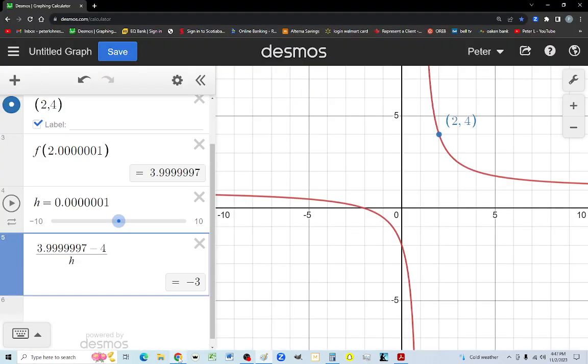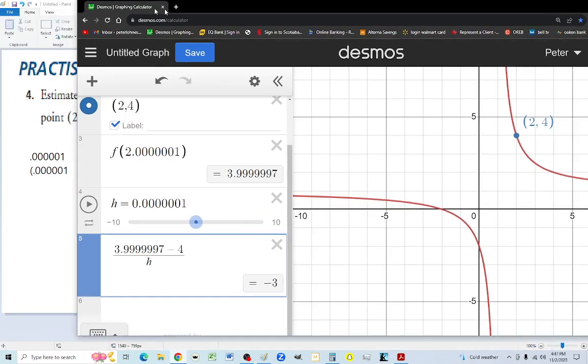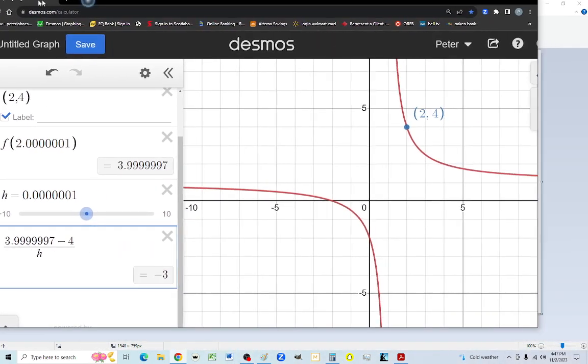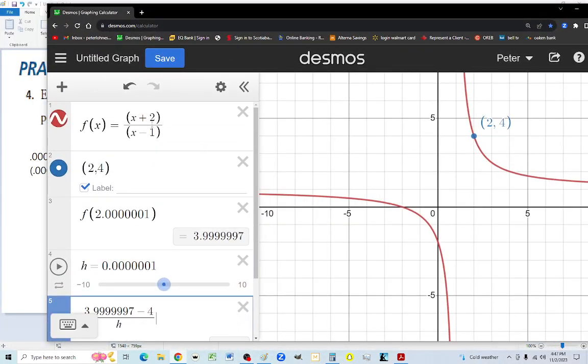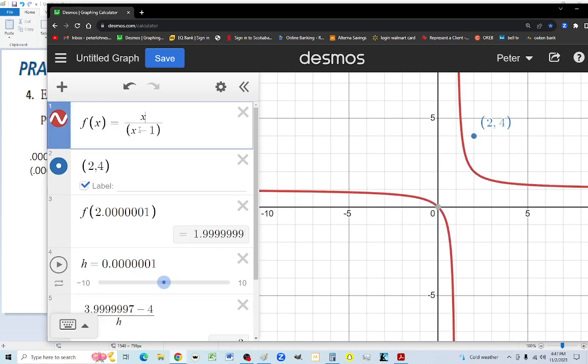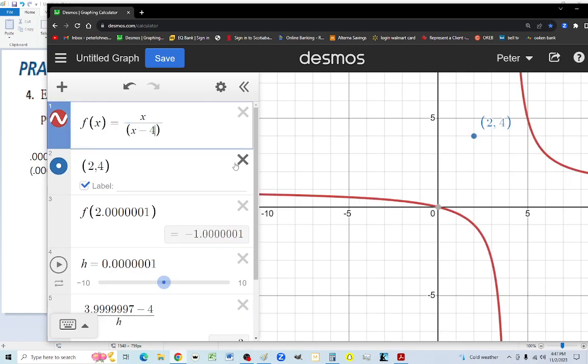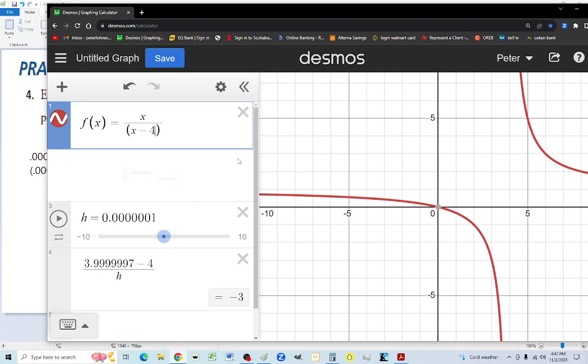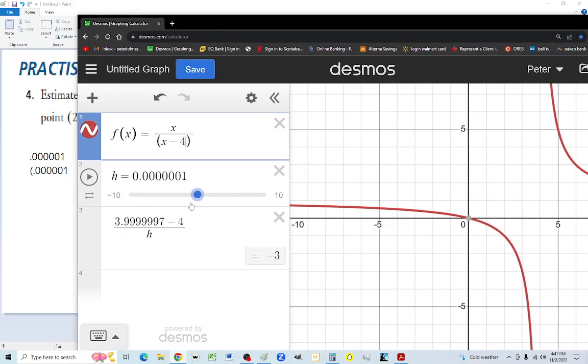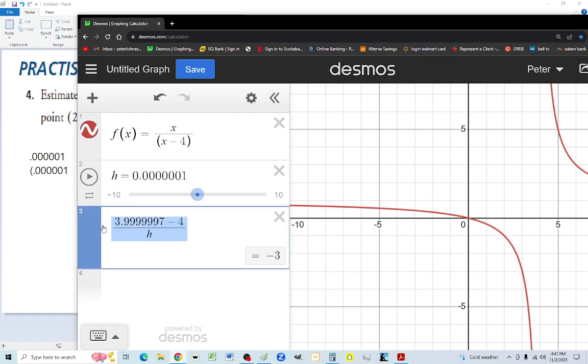To confirm this, we're going to use Desmos. We're going to put in the formula x divided by x minus 4. We're going to find the point f2 to confirm that we have the right one, and use that h. So f2 is indeed negative 1.